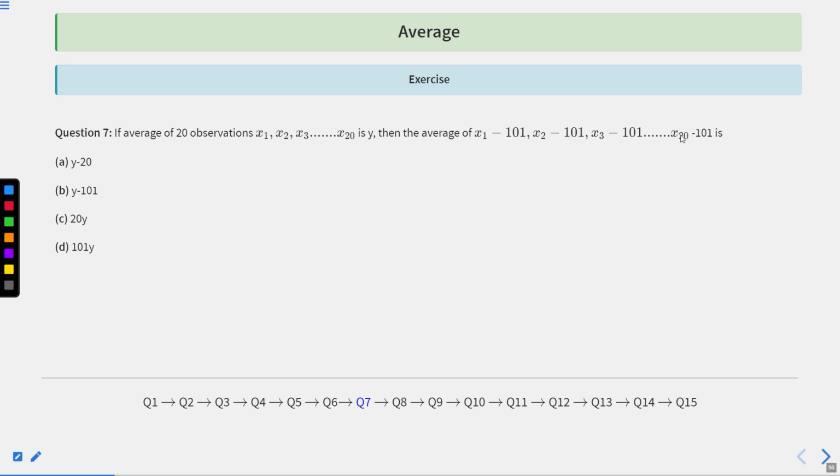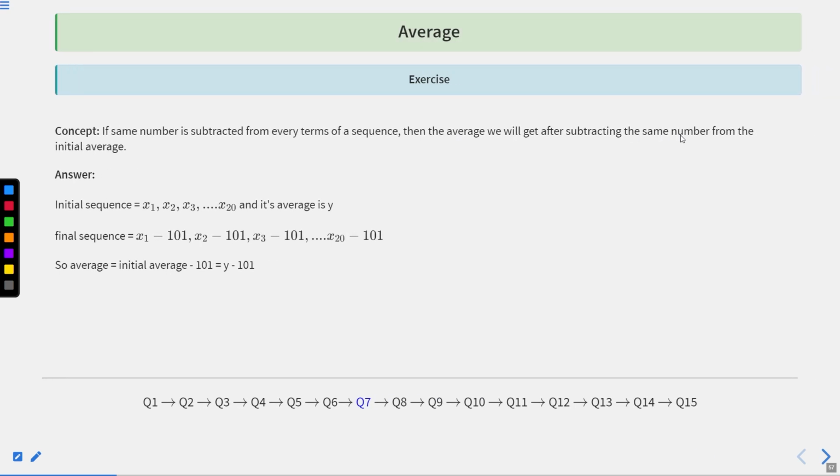So we have some data points whose average is y, and we are making a change in the initial data set. We are reducing each data point by 101. How will the average be affected when each data point is reduced by 101? That's exactly what the question is asking.